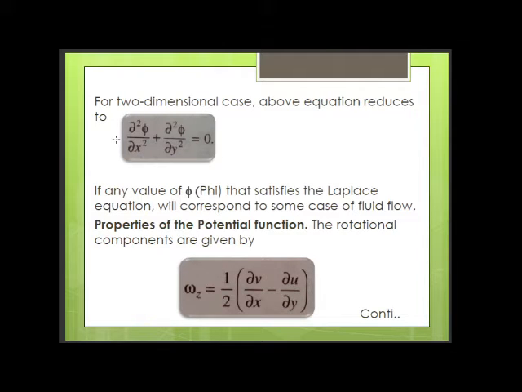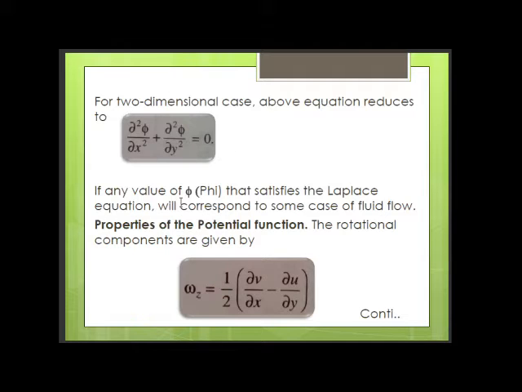Then for two-dimensional flow, the above equation becomes dou square phi upon dou x square plus dou square phi upon dou y square is equal to 0.